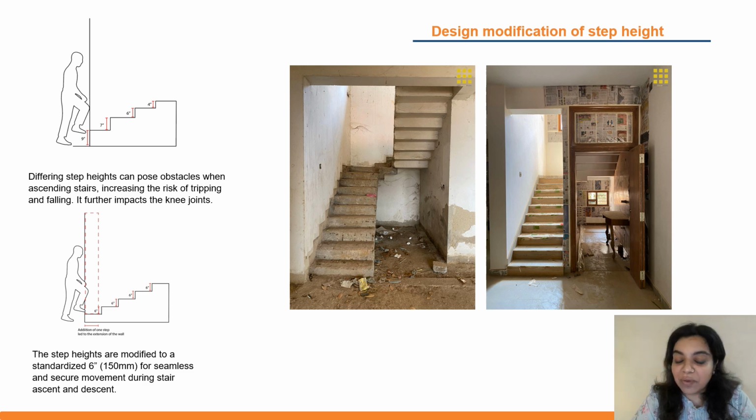And while leveling, one of the most interesting things that we saw was obviously the steps were not all at the same level. It is recommended that we have 6 inch as our riser height, but unfortunately it was 9 inch, 7 inch, 6 inch. And when we calculated the entire height of the staircase, we would end up getting at least 6.75 as a riser of each step.